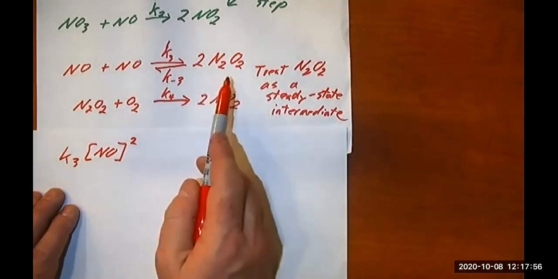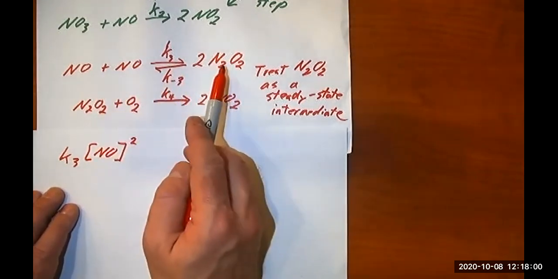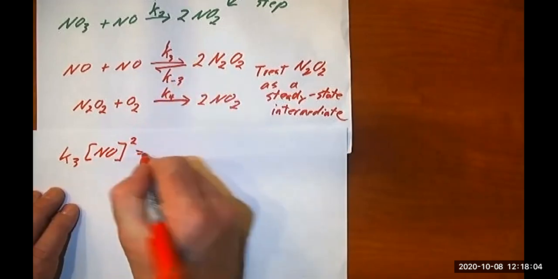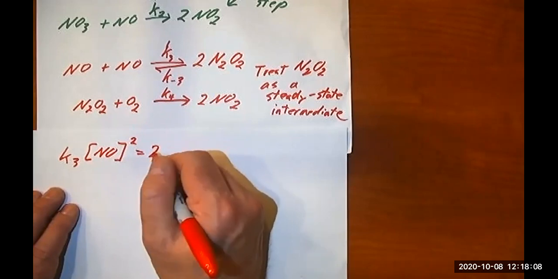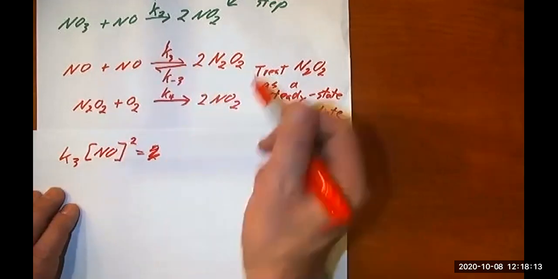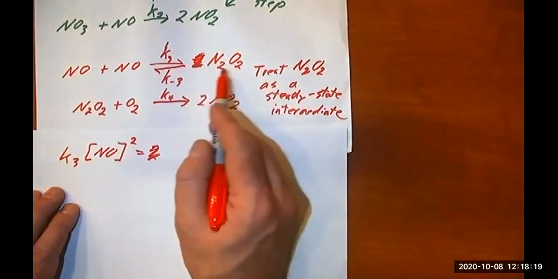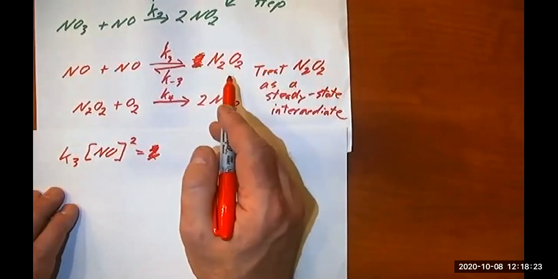For the rate of destruction, we have two steps that remove it. So we have the k minus 3 step. Okay, let me back up here for a second. That should not be a 2 right there because the number of atoms wouldn't work.